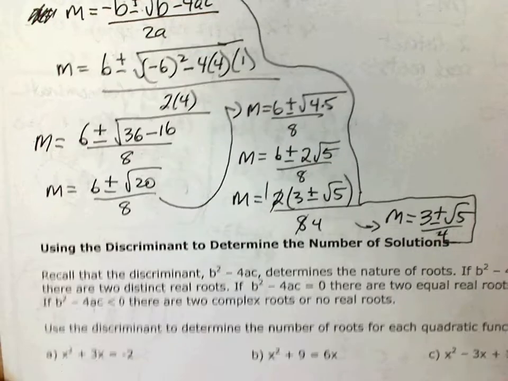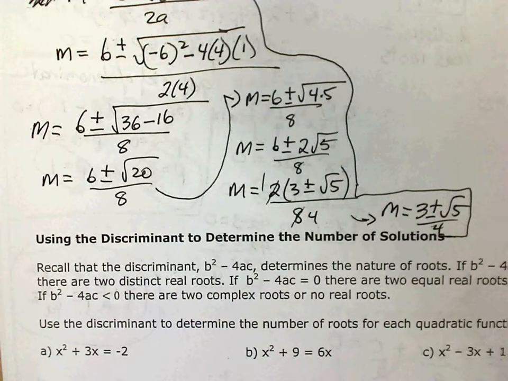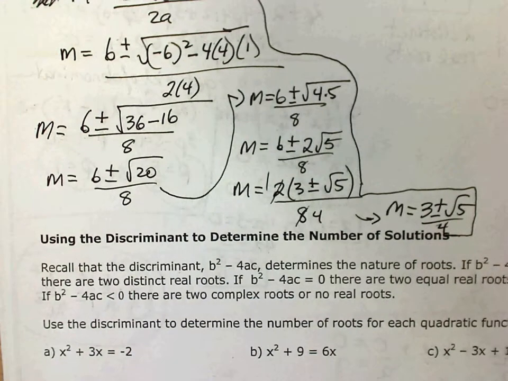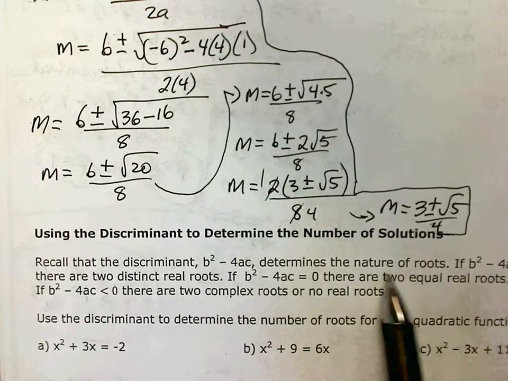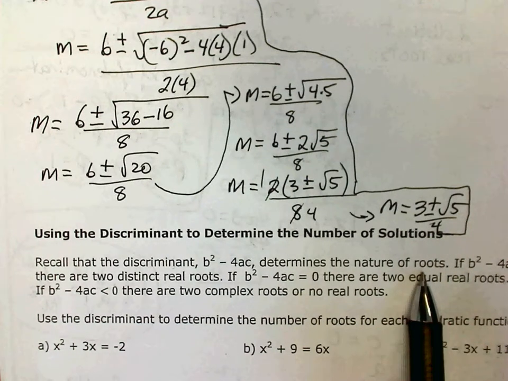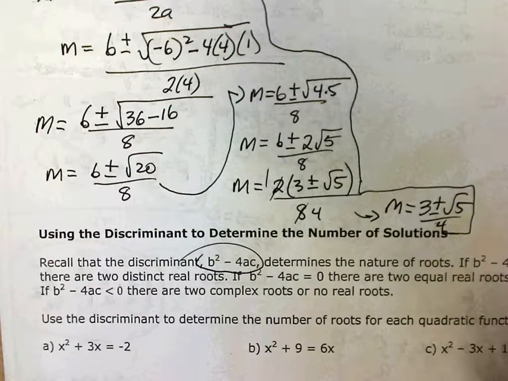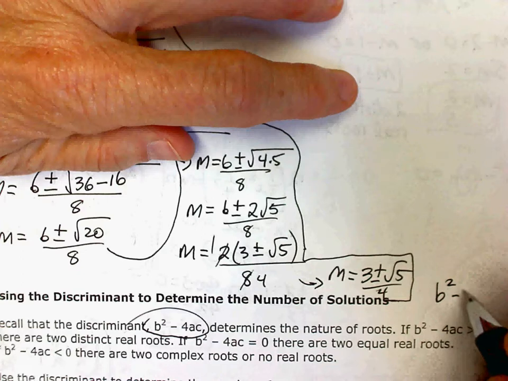Recall that the discriminant b squared minus 4ac determines the nature of roots. Did you talk about nature of roots last year? When b squared minus 4ac is greater than 0, you have two different roots, right?